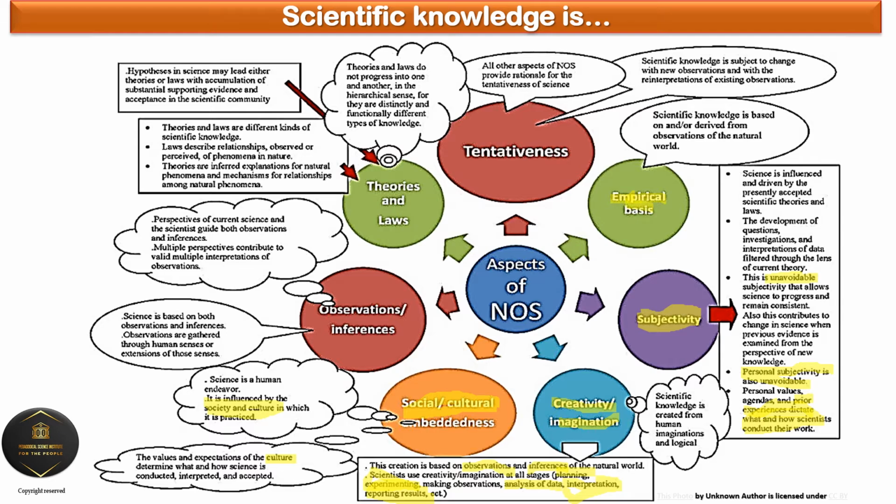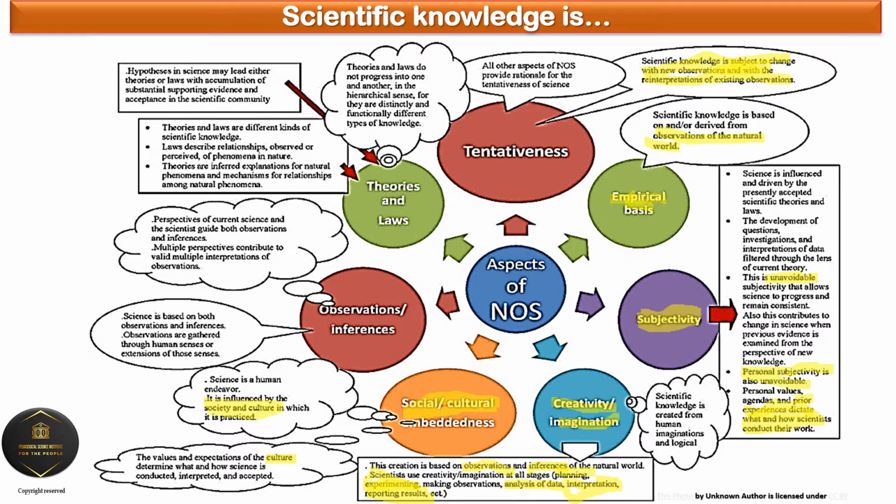So scientific knowledge is really based on what you've observed in the natural world. So it's very important. And you must know that the observations are subject to change. Hence we say scientific knowledge is tentative. So you must know that it's tentative in nature.